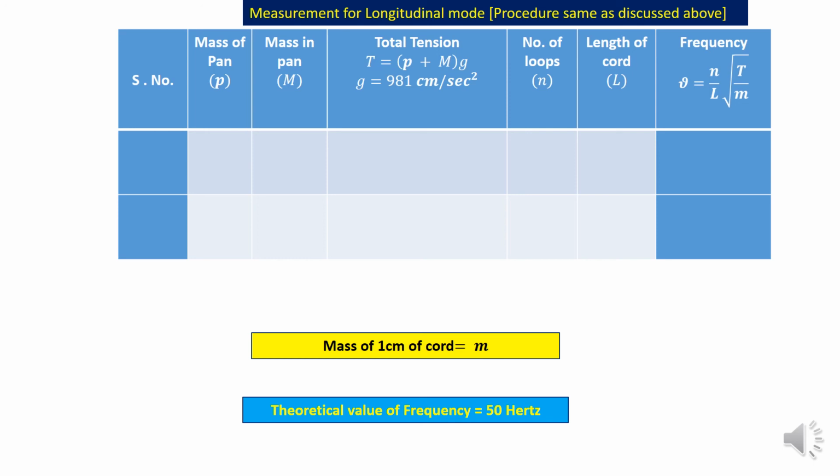Then we write the frequency and calculate it. The mass of the cord we will measure with the help of the electronic weight machine that will be given to you. In this way we will try to measure the frequency of this electrically maintained tuning fork. Thank you.